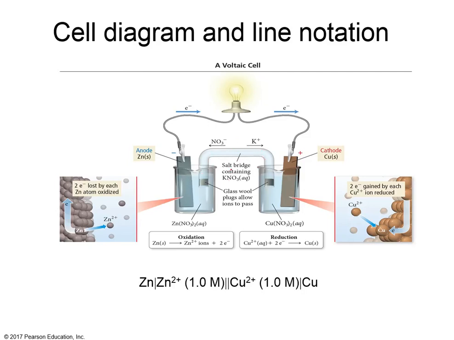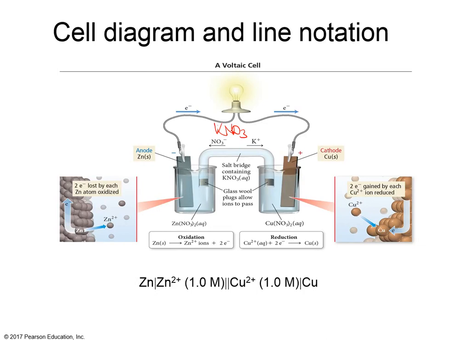So the salt bridge contains potassium nitrate. So here you have potassium K plus and NO3 minus. When you combine the two, you have potassium nitrate.